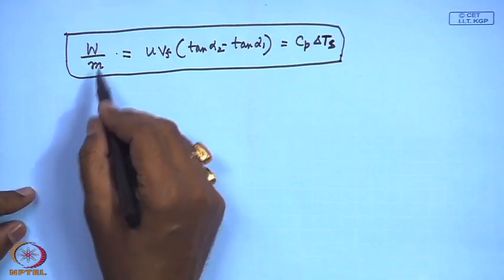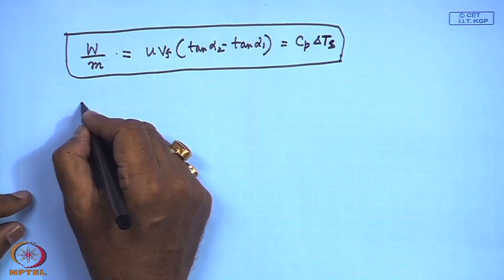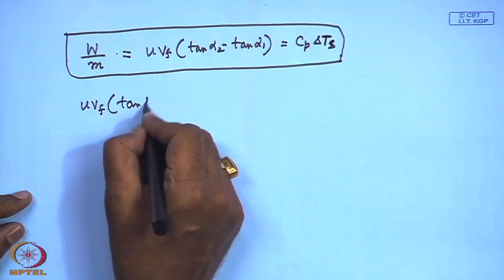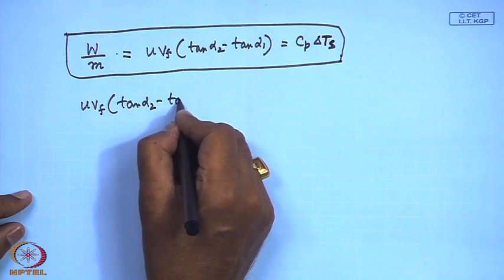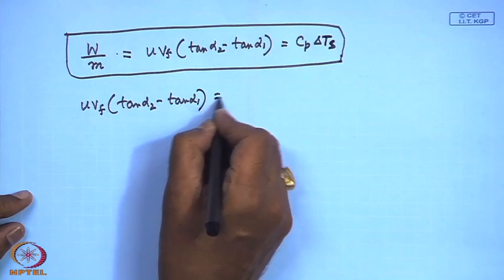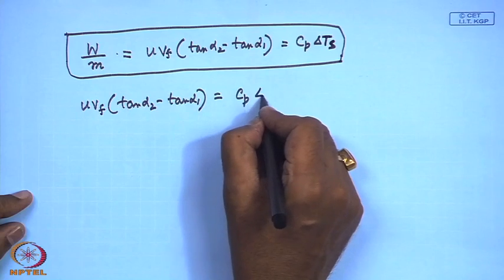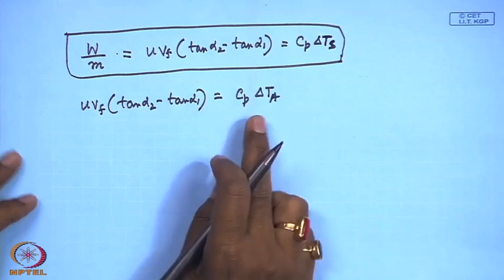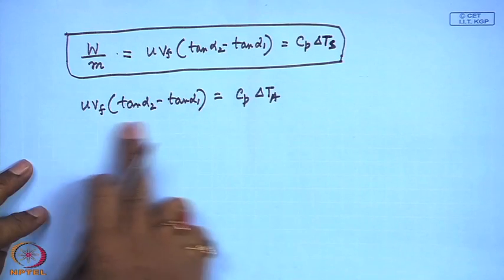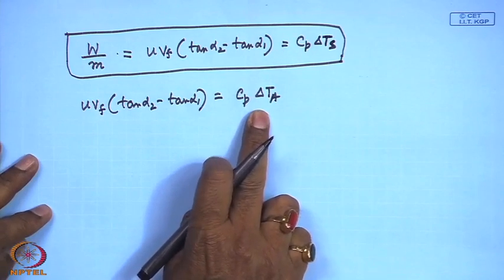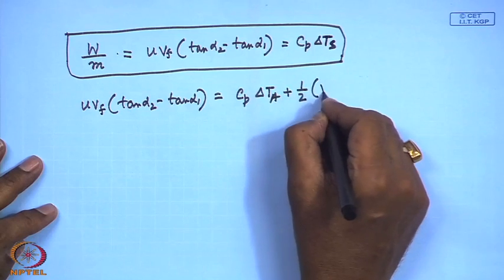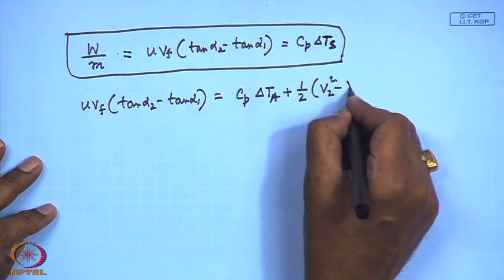Now, if I write this W by M in terms of the static temperature change of the rotor alone, I am not permitted, because the entire energy is used not only to increase its static temperature, but at the same time to increase its velocity, V2 square over V1 square.